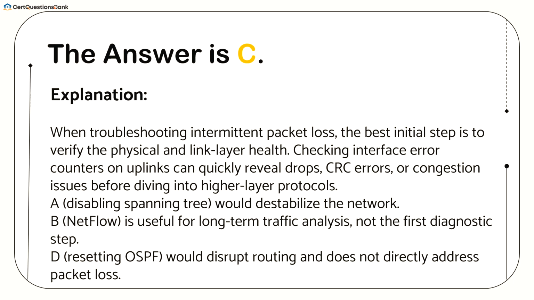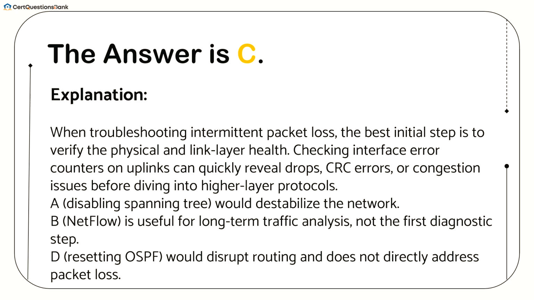The answer is C. When troubleshooting intermittent packet loss, the best initial step is to verify the physical and link layer health. Checking interface error counters on uplinks can quickly reveal drops, CRC errors, or congestion issues before diving into higher layer protocols.